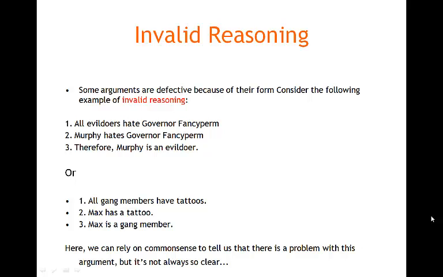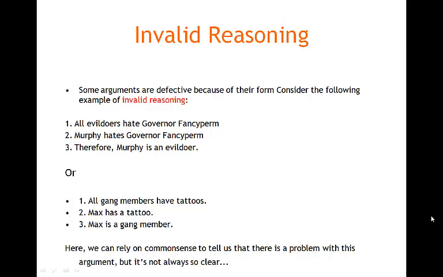Doesn't mean that Murphy's an evildoer any more than the fact that, let's say, all taxidermists are human, Sam is a human, then Sam is a taxidermist. That would clearly not follow. Common sense can show you that there's a problem there. Alternatively, all gang members have tattoos. Max has a tattoo.